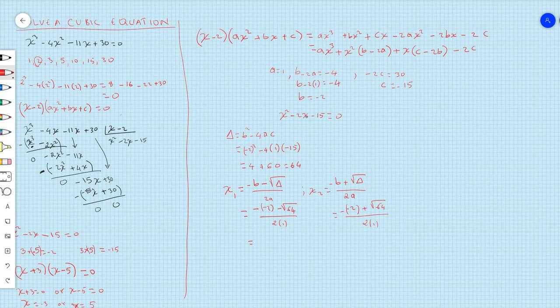We'll have +2. The square root of 64 is 8. So you have 2 minus 8, that's -6 over 2, that's -3. And then here we have 2 plus 8, that's 10 over 2, that's 5. Right. So these are your x's. I mean your roots.